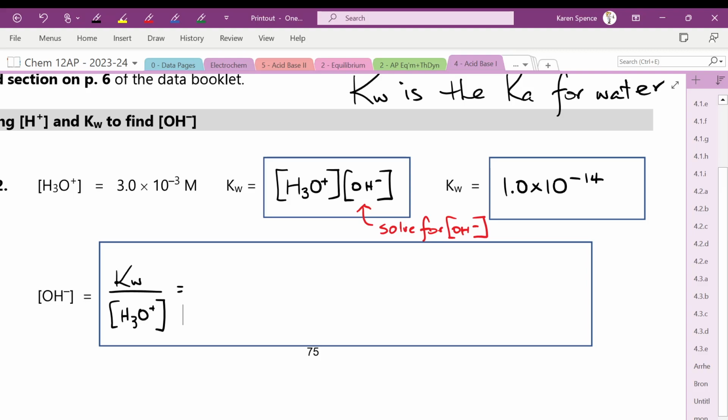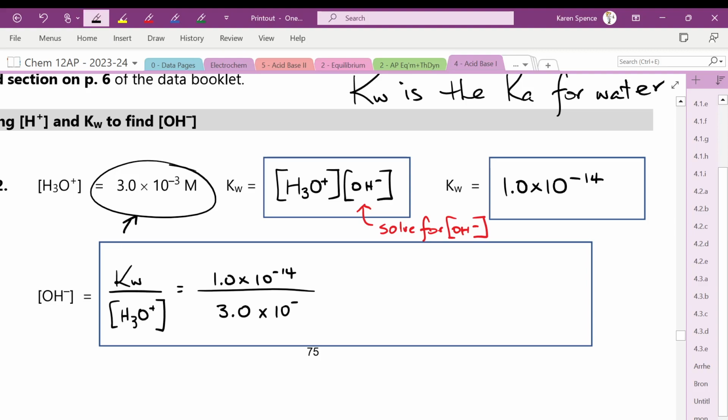Okay. And then we just plug in our numbers and we say, oh, well, hey, I know that Kw is 1.0 times 10 to the negative 14. And I am told in the question that H3O plus is 3.0 times 10 to the negative 3. And so I have 1 times 10 to the negative 14 divided by 3 times 10 to the negative 3 equals, and we get 3.33 times 10 to the negative 12.